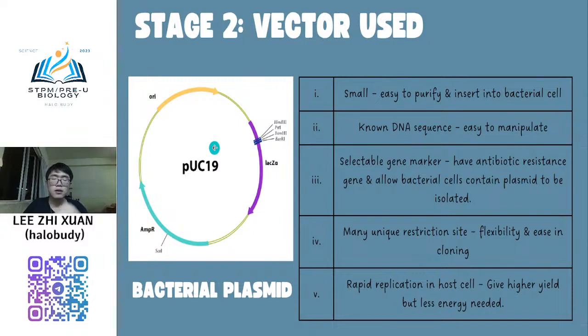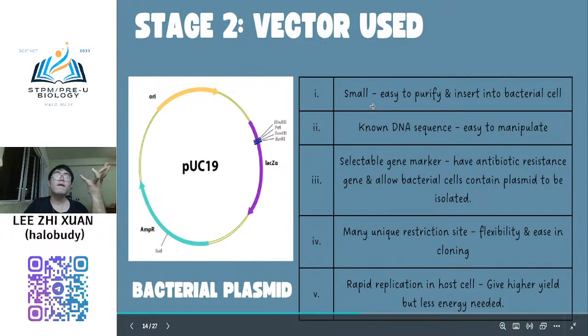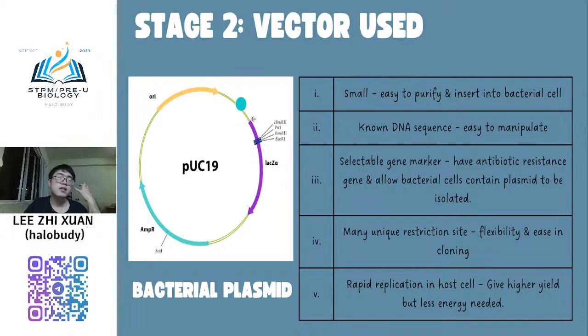So there are reasons why we need to use the plasmid. There are 5 reasons. The first reason is small size. Normally the plasmid sequence is very small, meaning it is very easy to purify and insert into a bacteria cell. Compared to that, the DNA of the bacteria cell is more difficult, because although it is shorter than human DNA, it is also very long.